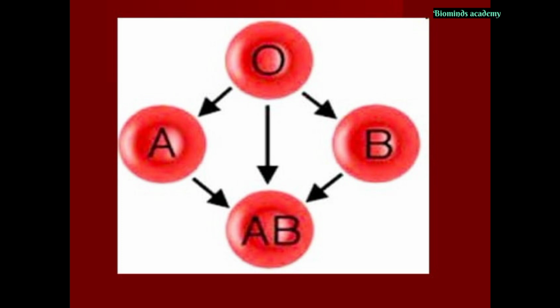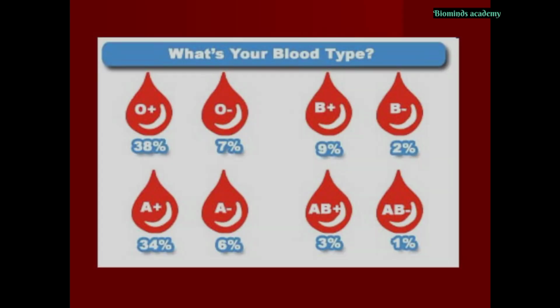O type blood is a universal donor; it can be donated to all the other blood types, that is A, B, AB and O. A type blood can donate to only A and AB blood types, and B type blood can donate to B and AB blood types. AB type blood is a universal recipient; it can receive blood from all other blood types, that is A, B, AB and O.